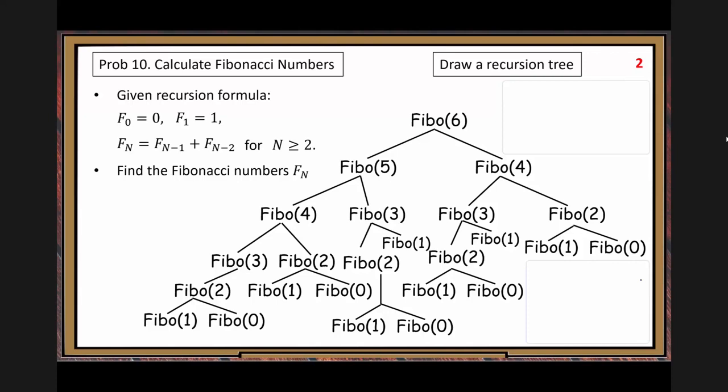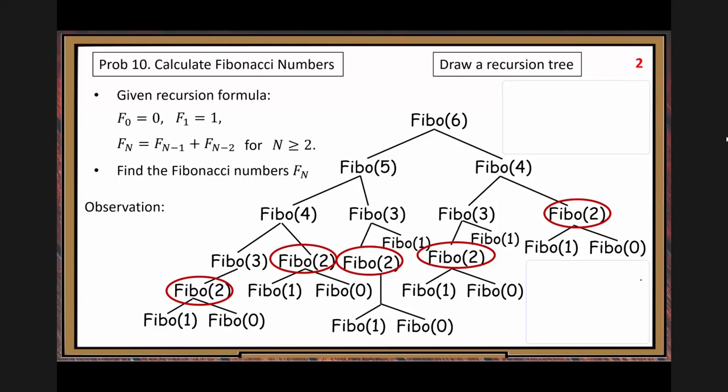That's the computation we need to do if we use our previous slide's recursive function directly. That's not efficient, because you can see a lot of redundant calculation. For example, how many times do we calculate Fibo of 2? The same number, why do we need to calculate it so many times?